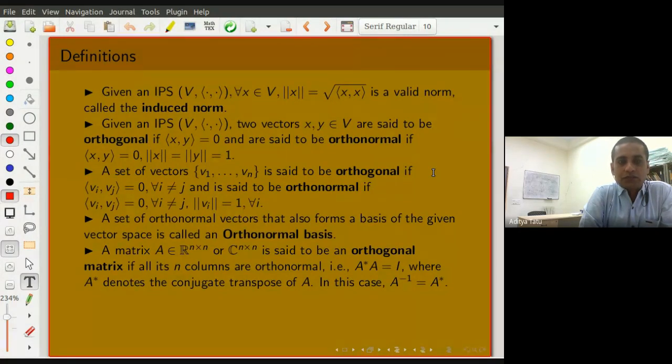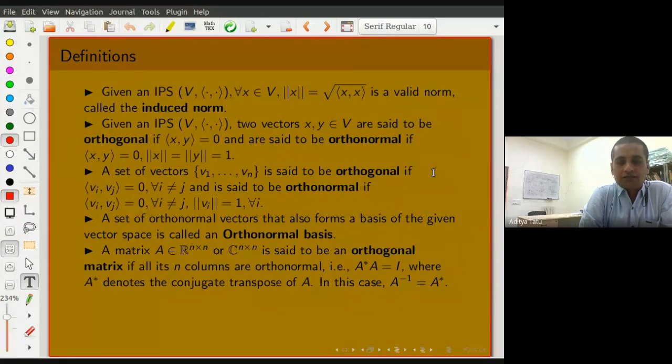But the crucial difference is that the definition of perpendicularity is sort of hardwired with us, whereas in a more abstract sense, orthogonality depends on what inner product your vector space is equipped with. So two vectors are orthogonal if the inner product is 0, and these orthogonal vectors are also orthonormal if they are unit vectors, where the unit comes from the norm, specifically the induced norm only.